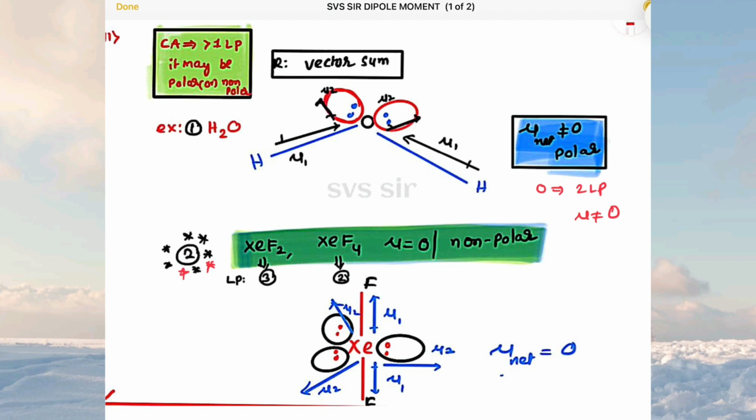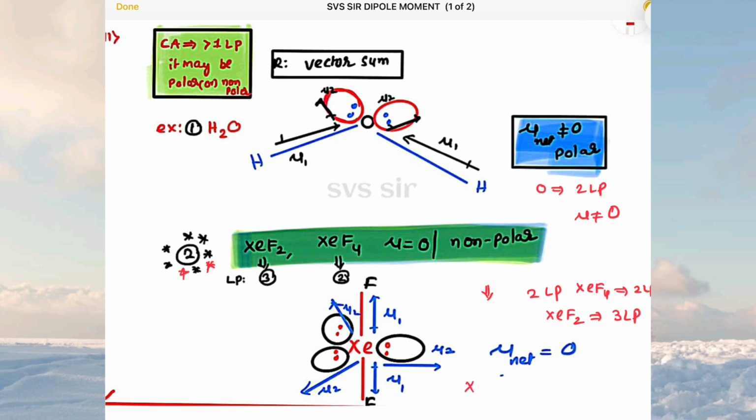Xenon difluoride and xenon tetrafluoride have dipole moment equal to 0, non-polar molecules, even though they have lone pairs. In the case of XeF4 we have two lone pairs, whereas in the case of XeF2 we have three lone pairs, but still the dipole moment is equal to 0.